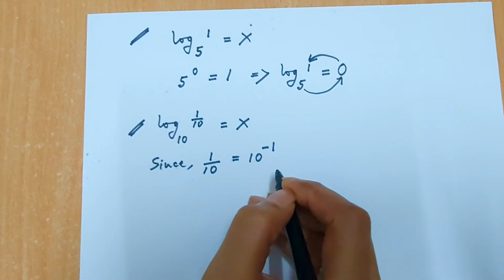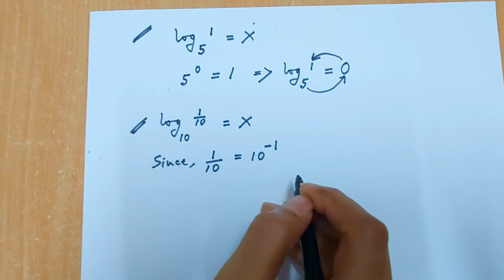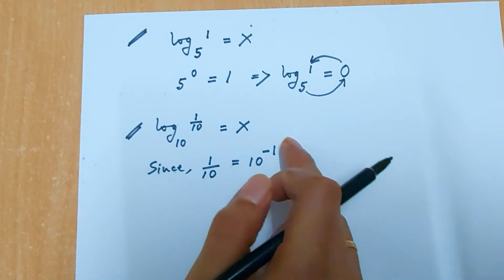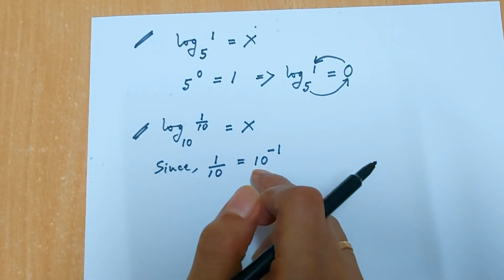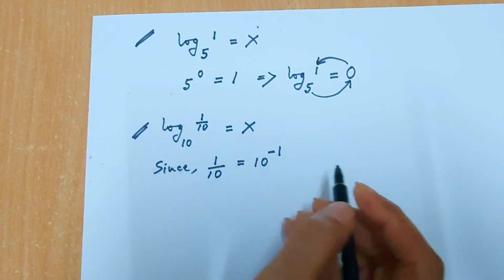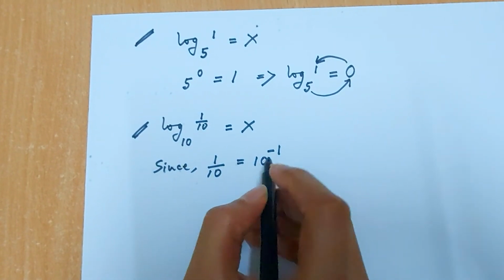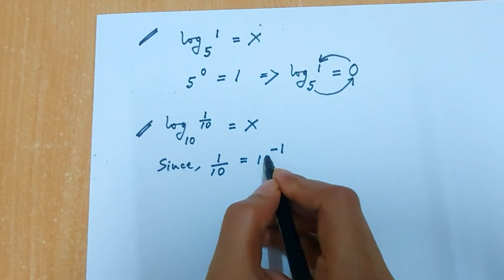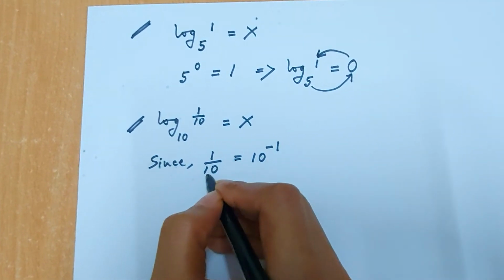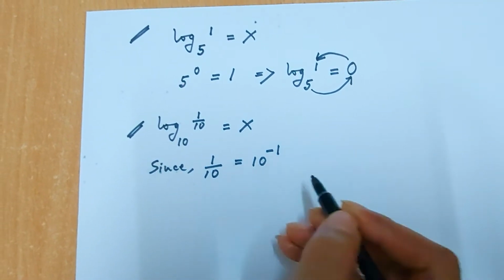In this case, there is a rule we learned that any base raised to a negative power will become the denominator of the fraction. That's why 1 over 10 equal to 10 to the power negative 1.